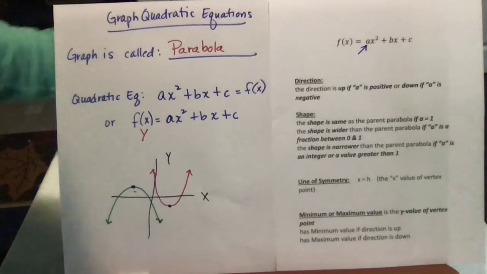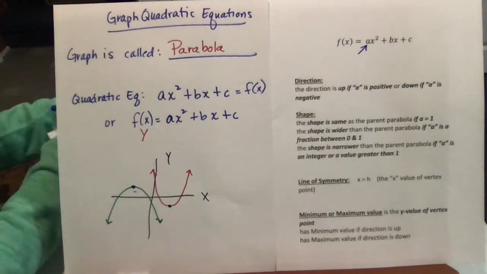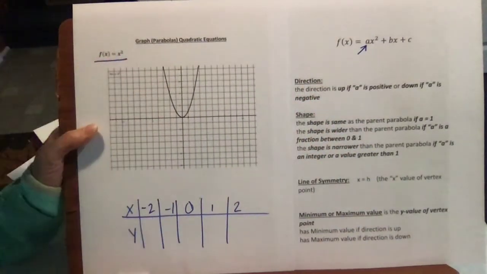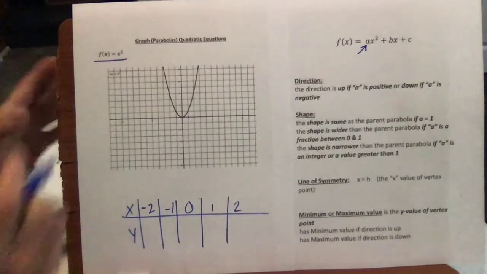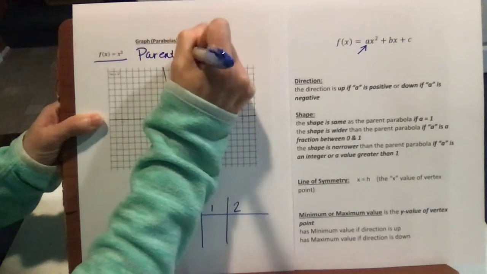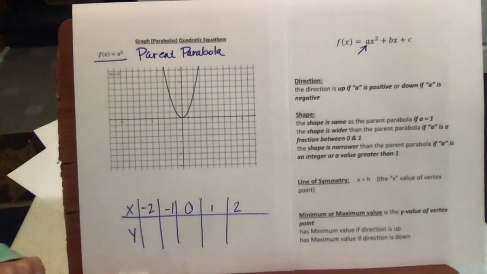Now let's look at a parabola so you can understand all this jargon. All right, first I'm going to try graphing using a table. This parabola, f of x equals x squared, is the parent parabola. Every other parabola is compared to the parent in its size or shape.